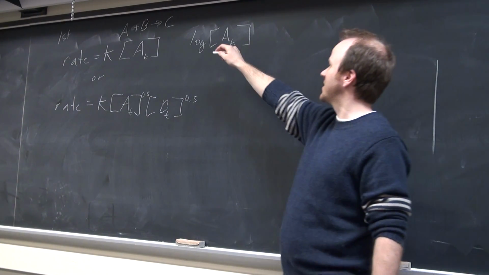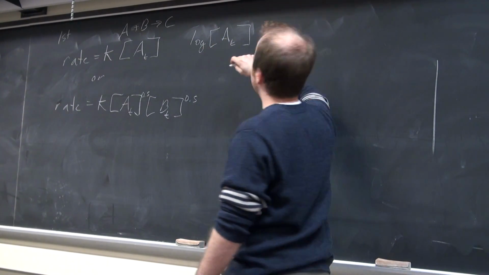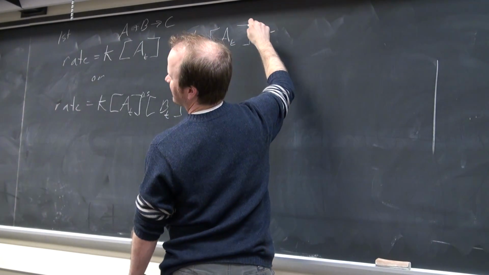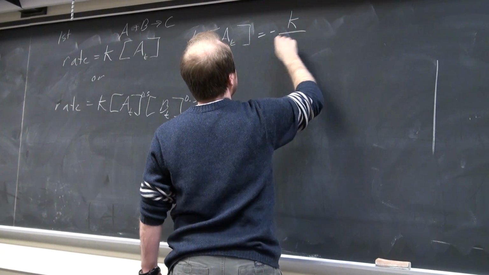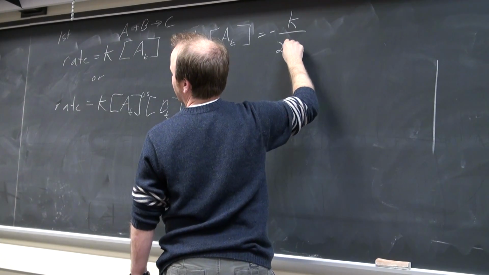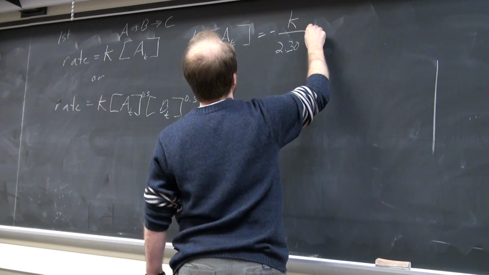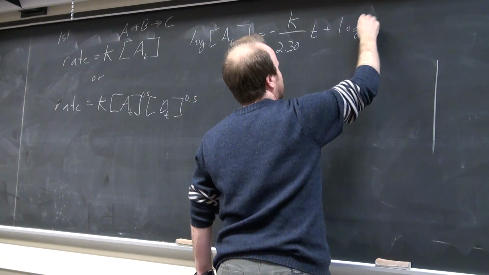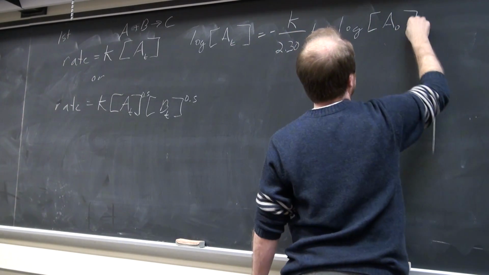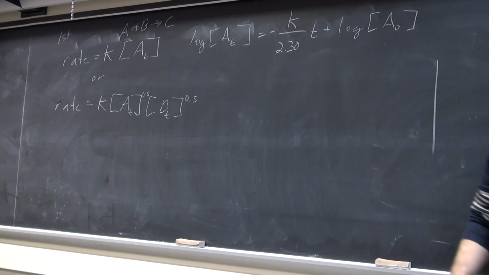The concentration of A at time t equals negative K divided by 2.30 times time plus log A0. What's A0? Concentration of A at time 0.